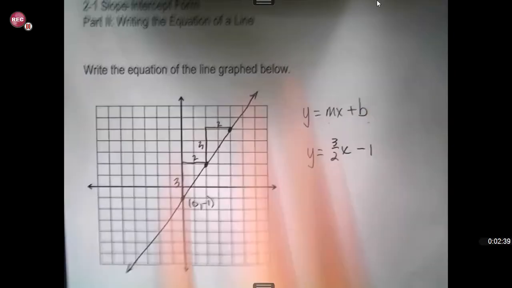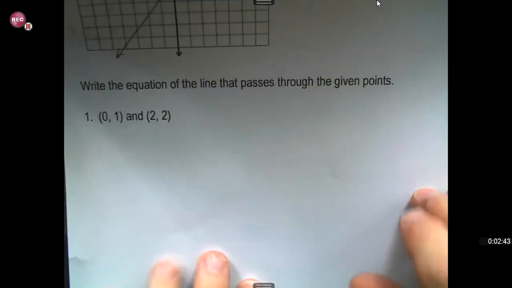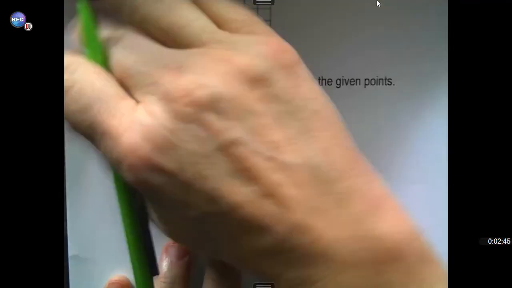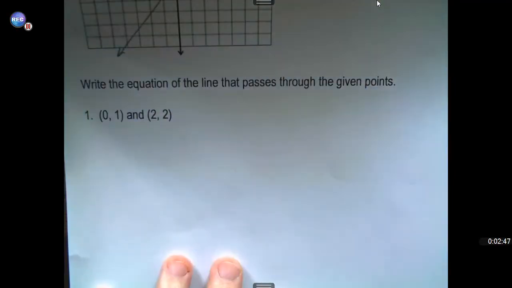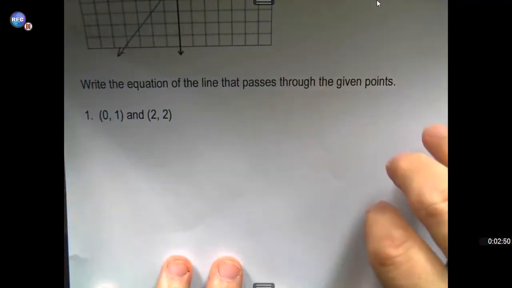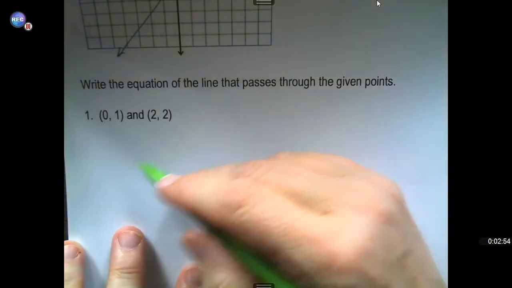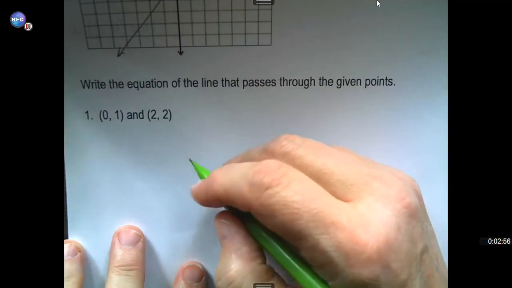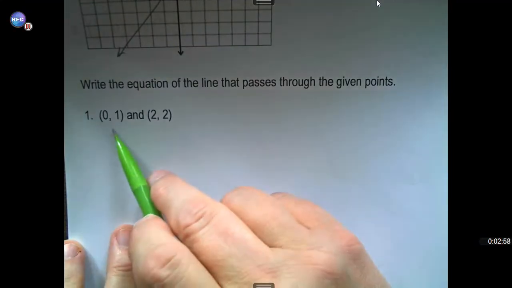Well, those are few and far between. Most of what we do in advanced math, and as we continue to take classes, is that we are actually given 2 points. And in this case, this point is special.